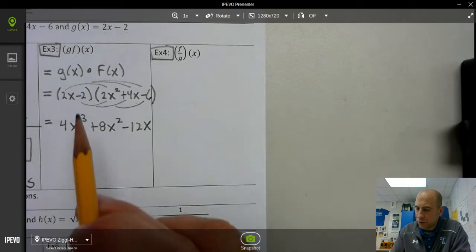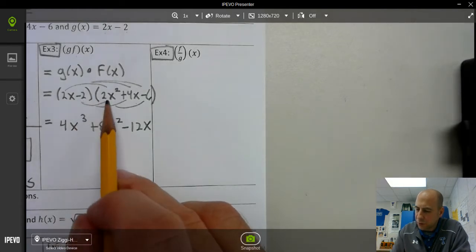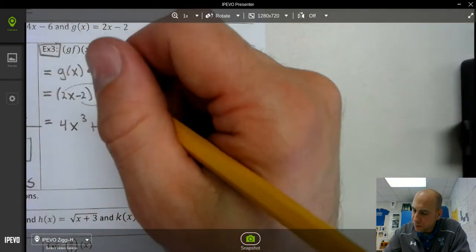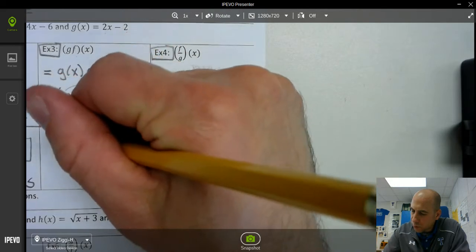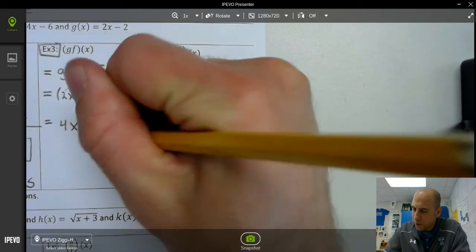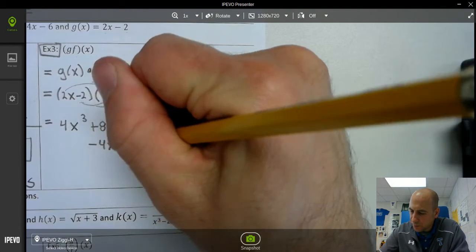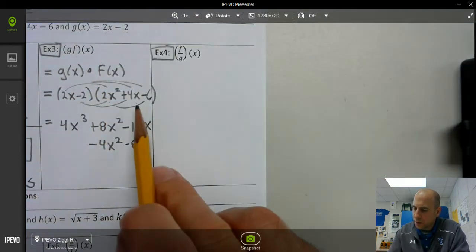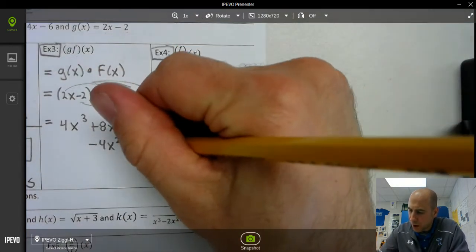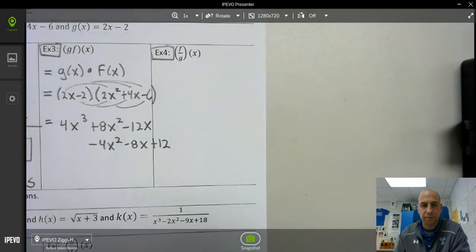Now we're going to combine vertically, so then we're going to multiply by negative 2. So negative 2 times 2x squared is a negative 4x squared. Negative 2 times 4x is a negative 8x, and then negative 2 times negative 6 is a positive 12.